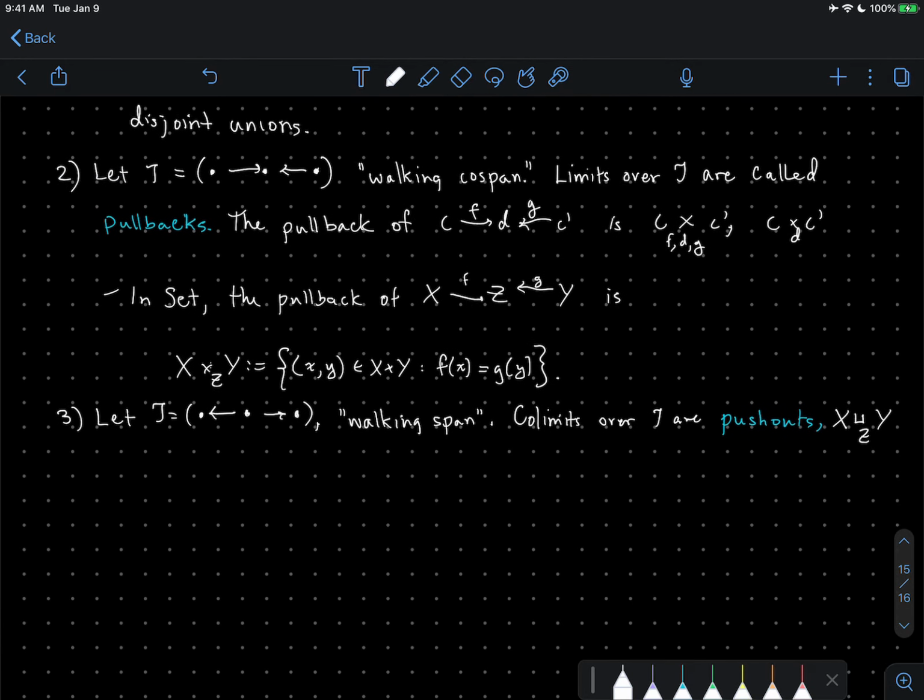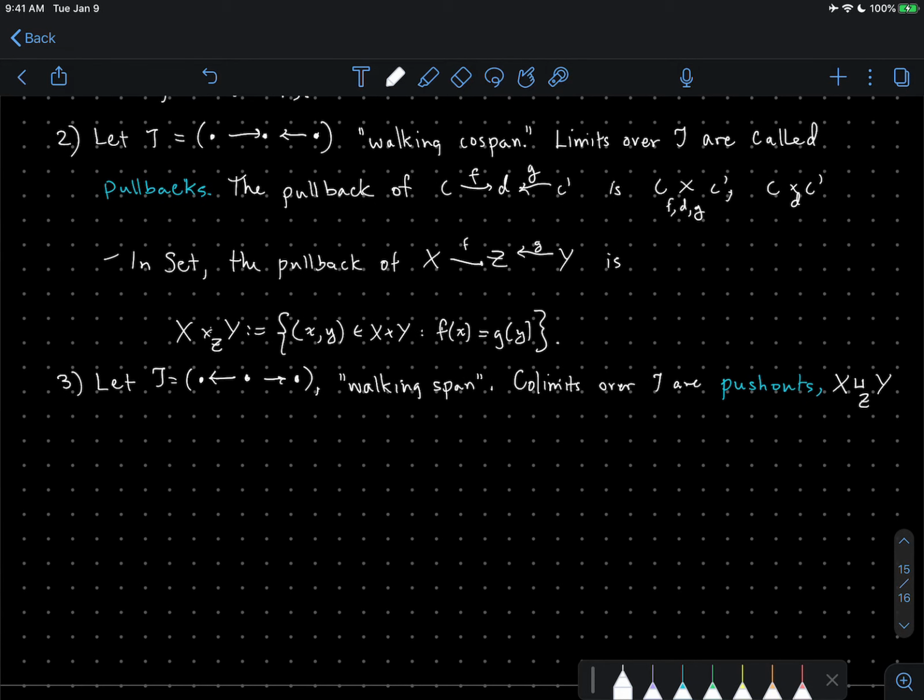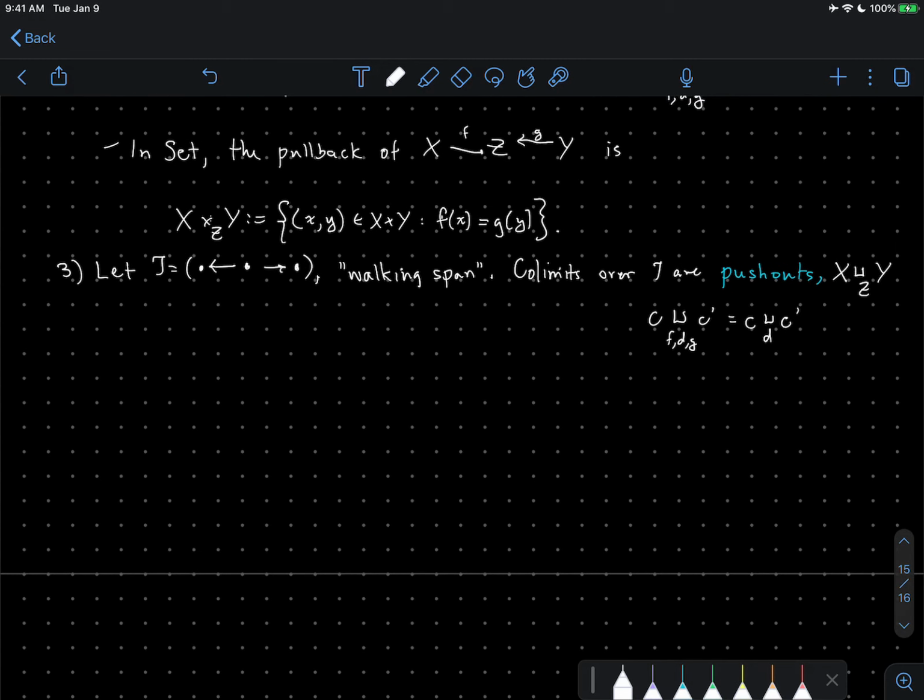I was thinking about the notation in Set, but it could be C square cup over f, g C prime. And again, sometimes we don't refer to the maps, and it would be C square cup over D with C prime. And here's how to compute them in Set.